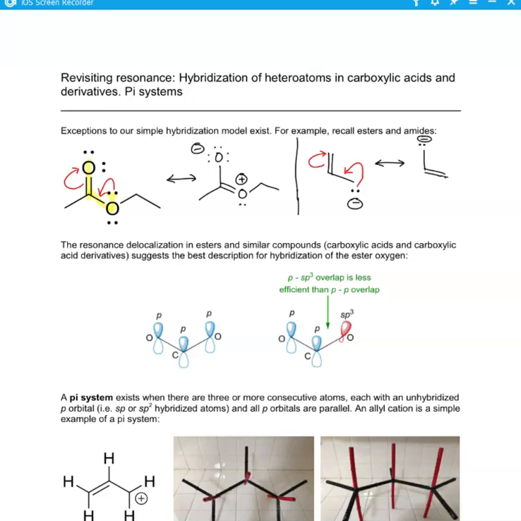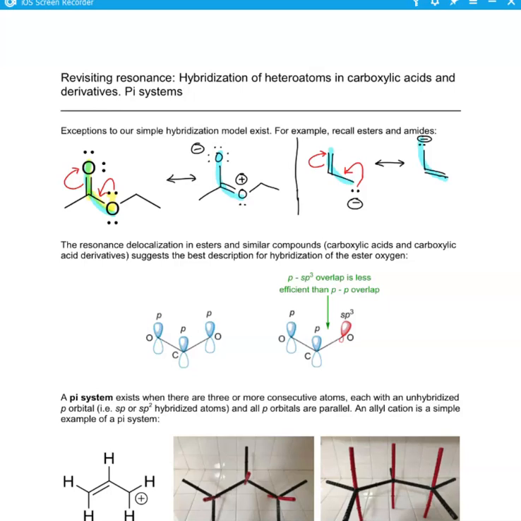Okay, so by drawing these curved arrows, what we're showing is that electrons are delocalizing. So I'm going to use a different color here. Electrons are delocalizing across these 3 atoms in each of these cases.